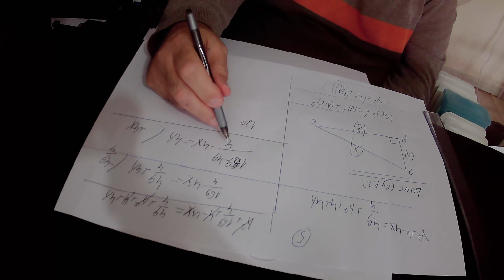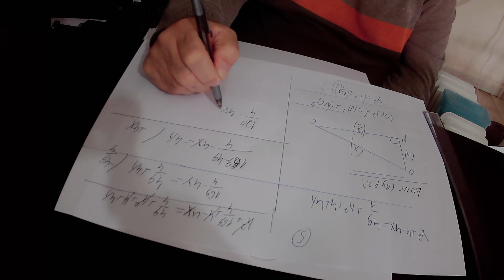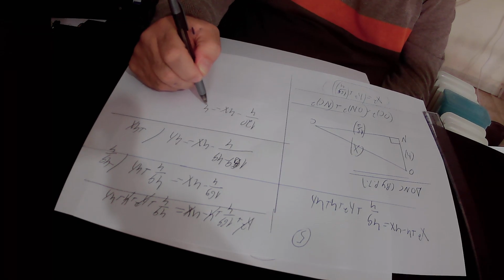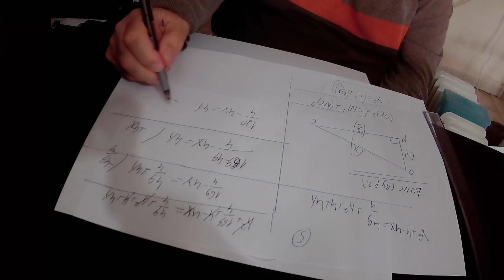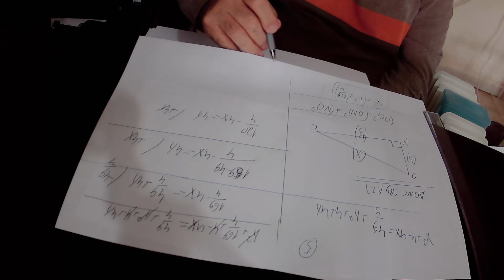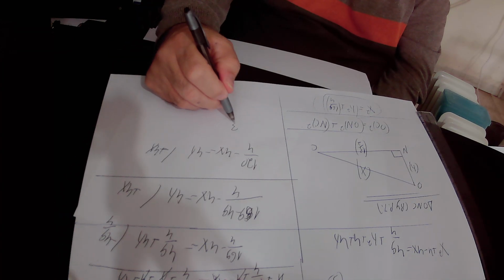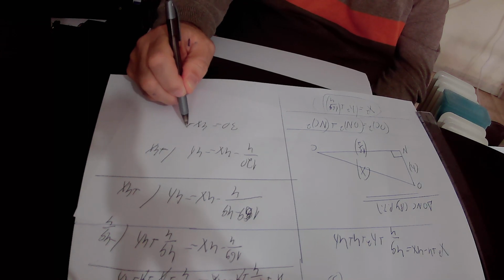So in total this expression equals 120 over 4 minus 4x, which equals 4h. We add 4x to this equation, and we get that 120 over 4 is 30, which equals 4x plus 4h.